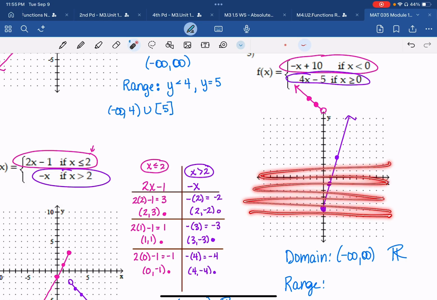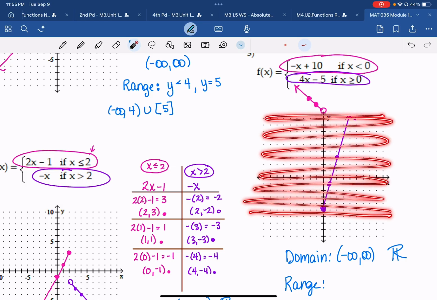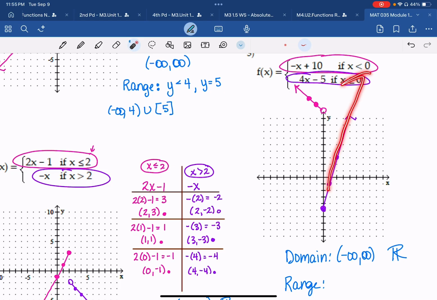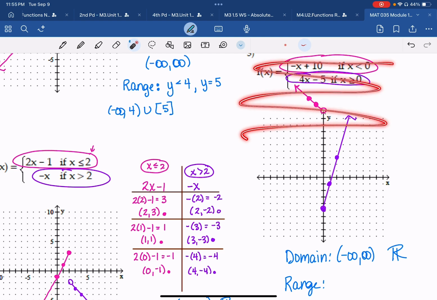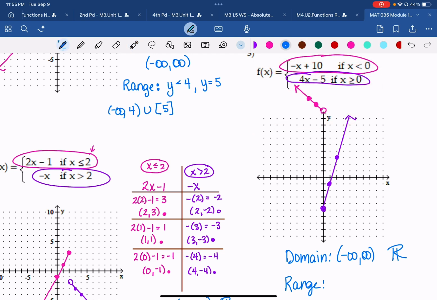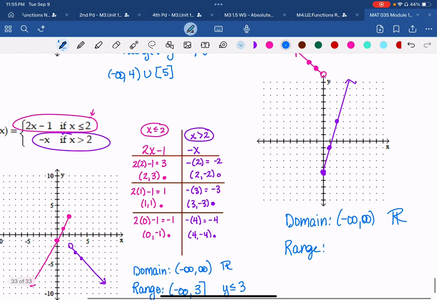I've got y's all the way up, and that keeps going up forever, which means my y's keep going up forever. So for my range, it's going to start at negative 5, and then it's going to go up to positive infinity. Since it's closed, it's a bracket. We could also write it as y greater than or equal to negative 5.